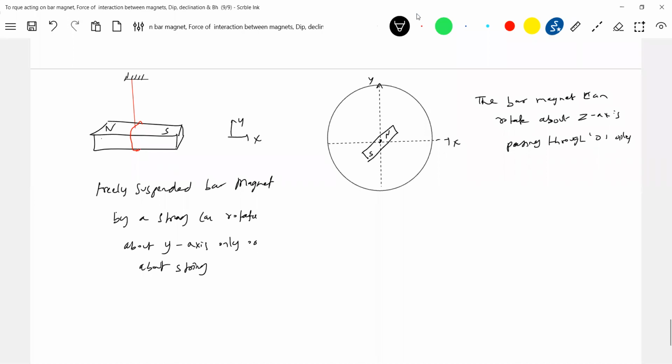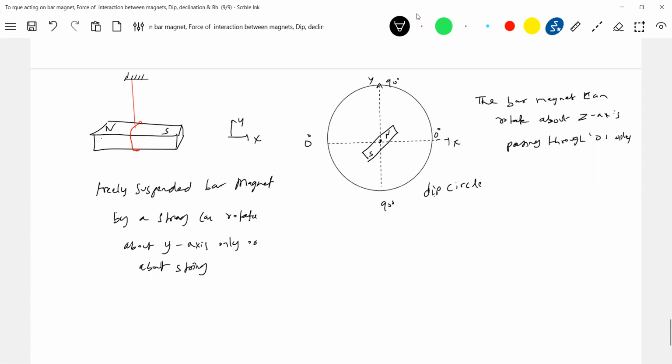Okay, now these two equipments, this is called a dip circle. So this is 0, 90, 90, and this is 0. Like this, I'll take the coordinate system to measure those particular angles. These are the two equipments which I'm using. Now I'll suspend a bar magnet. So the bar magnet is in equilibrium.